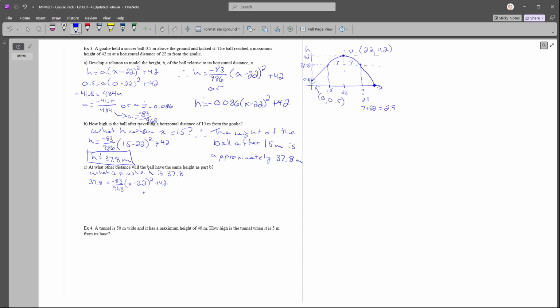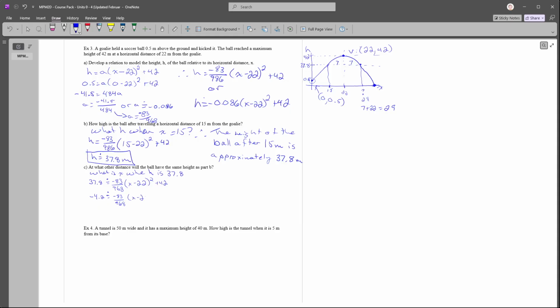So we bring that 42 to the other side, and we end up with negative 4.2 equal to negative 83 over 968 multiplied by x minus 22 squared. I should say approximately, because that 37.8 was approximate, so this whole thing is approximate.